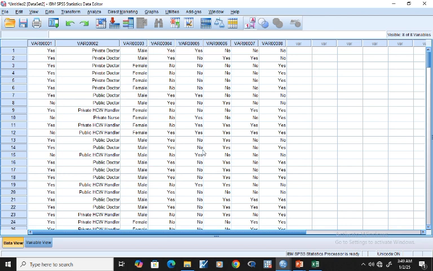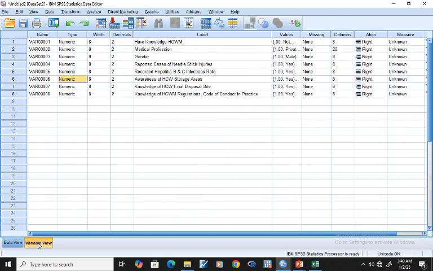Okay, so now after we've entered and imported our data, the next is to perform descriptive analysis. The first thing for us to understand is that descriptive analysis is describing the data at hand.